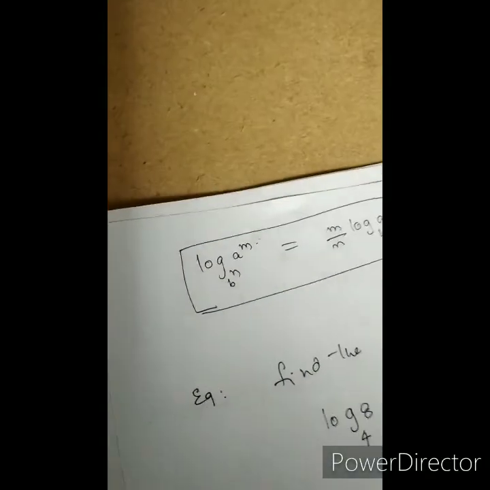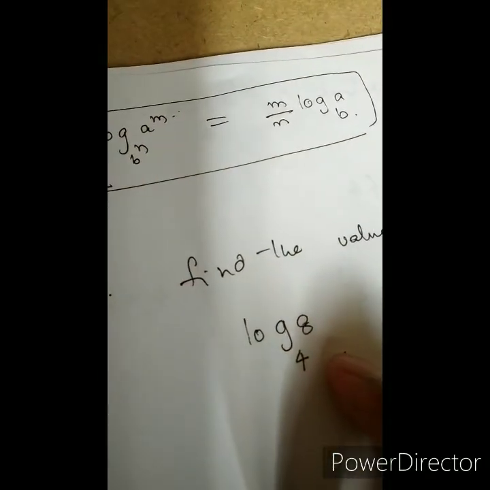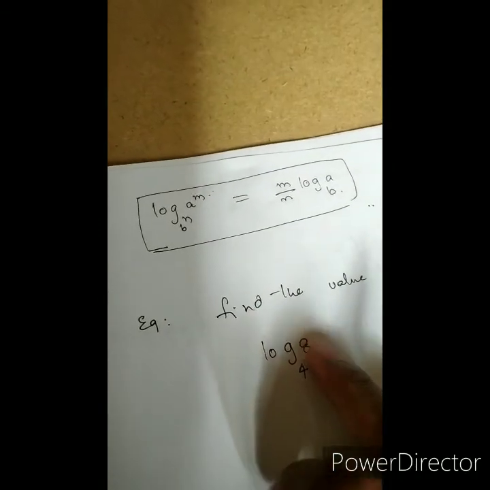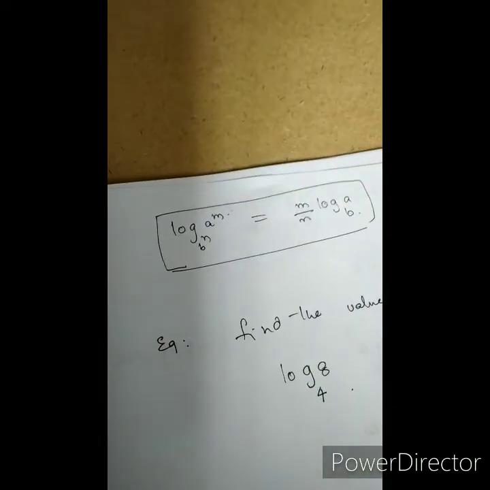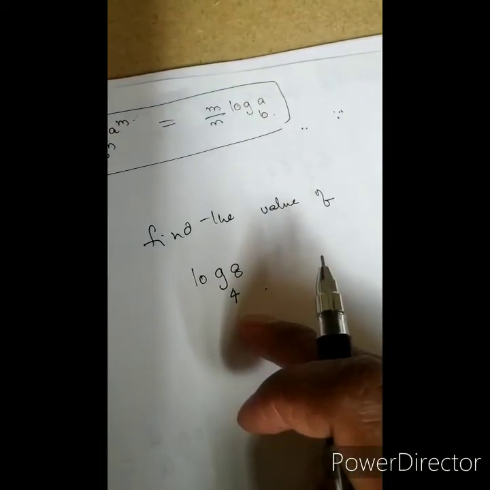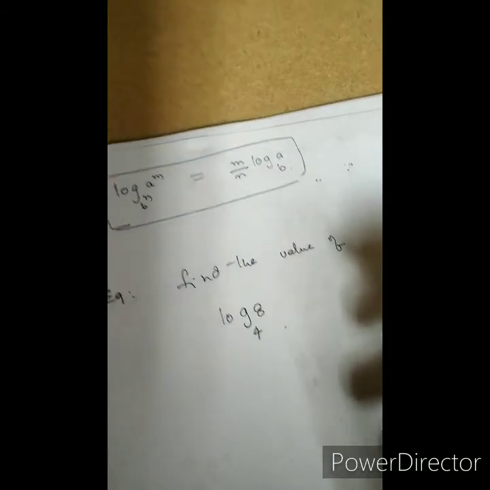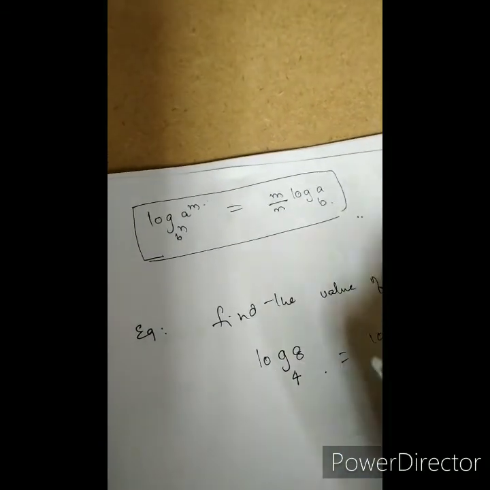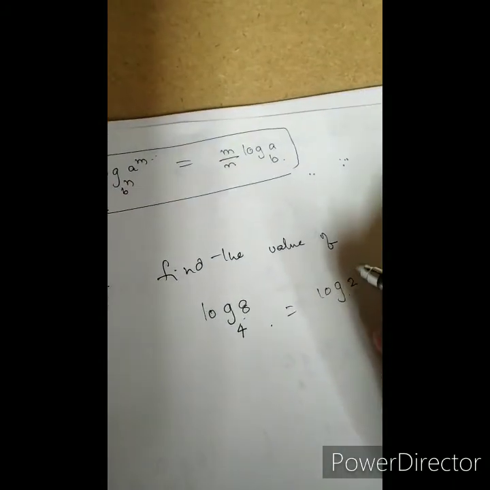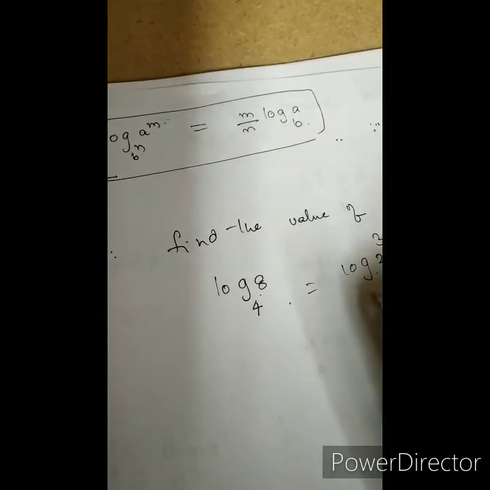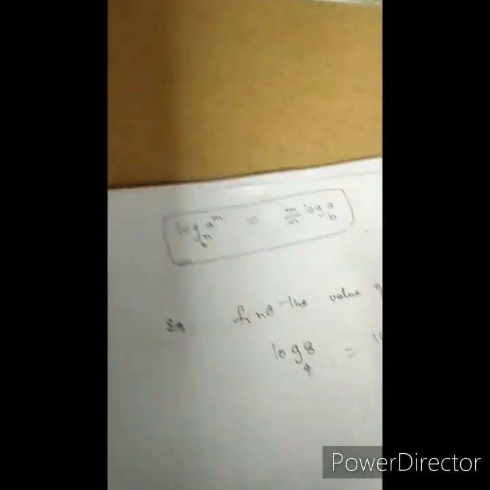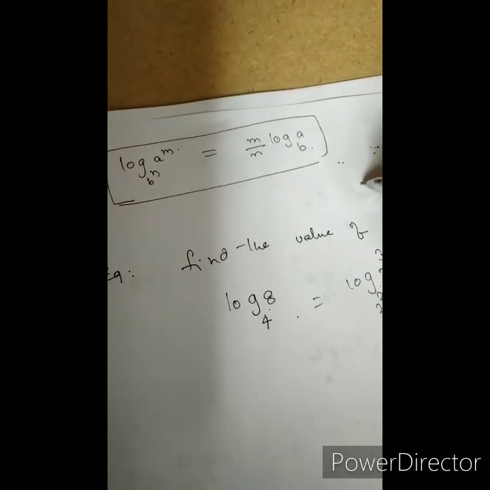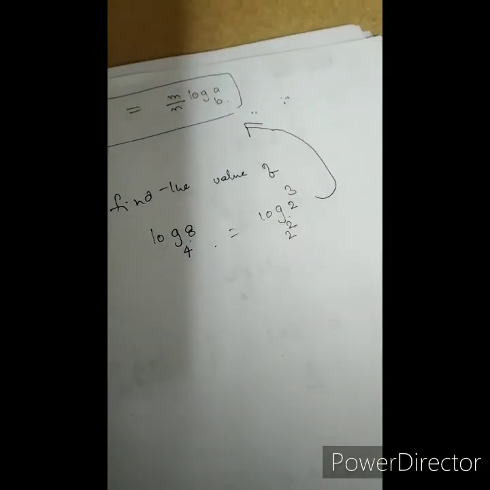Here we can't express 4 in terms of powers of 8, and 8 cannot be expressed in powers of 4. So what we'll do here is express both in powers of 2. 8 can be written as 2 power 3 and 4 can be written as 2 power 2. Now you apply the above rule, or the above law.